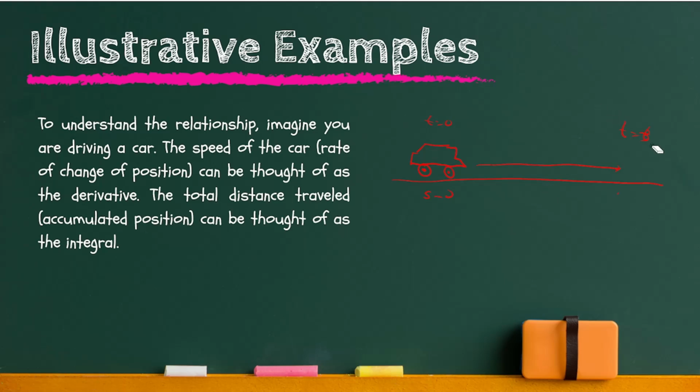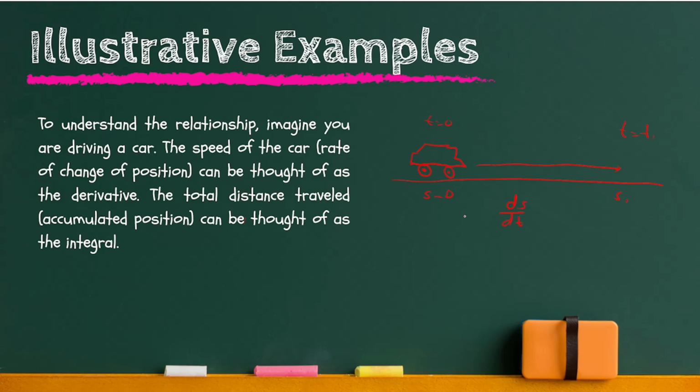So let's say this is t1, where our position is equal to s1, from this point to this point. We could describe the speed as the change in position itself, so this will be equal to ds/dt.